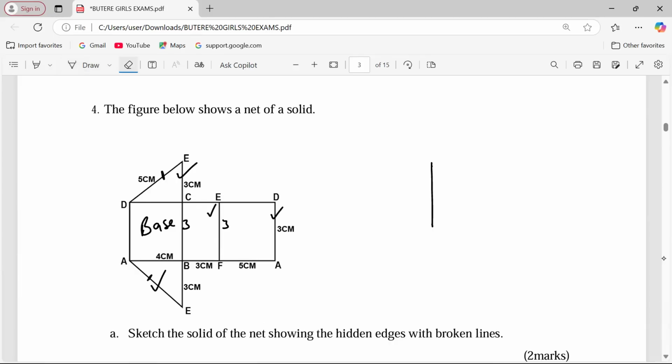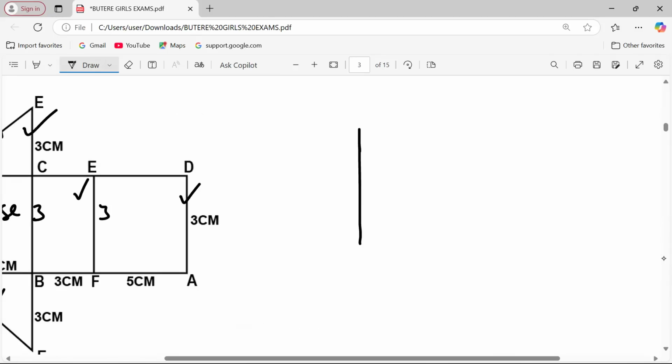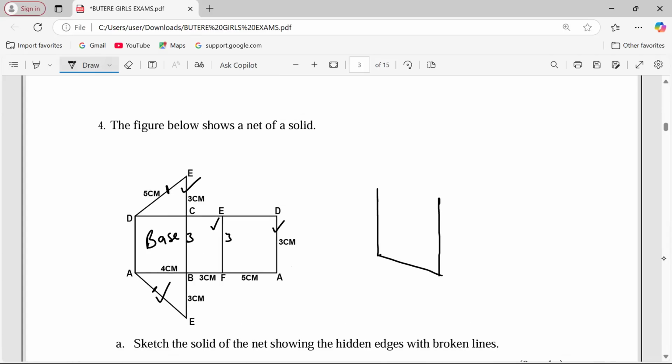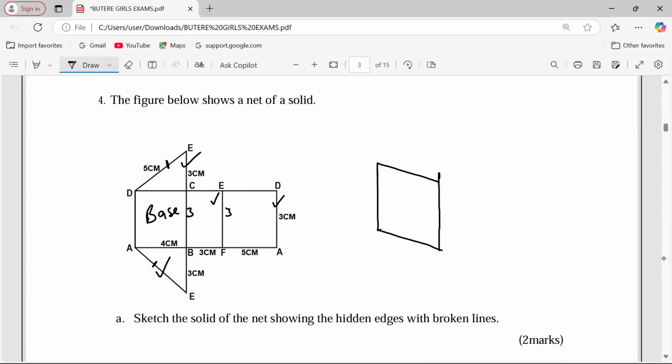Let me show you how to come up with the three-dimensional diagram such that you can see. It's a wedge, actually. It's a wedge that we are coming up with. Then from this, we should know that there will be a base here.